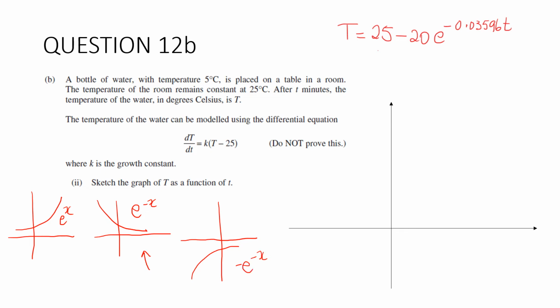We also want to move it up 25. So let's take our y-axis, which is going to be capital T, and split it into 5, 10, 15, 20, 25. It has an initial temperature of 5, and we know that there is an asymptote here at 25. So it's going to look like this.